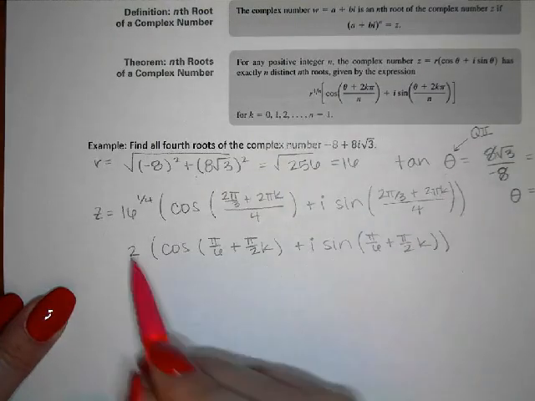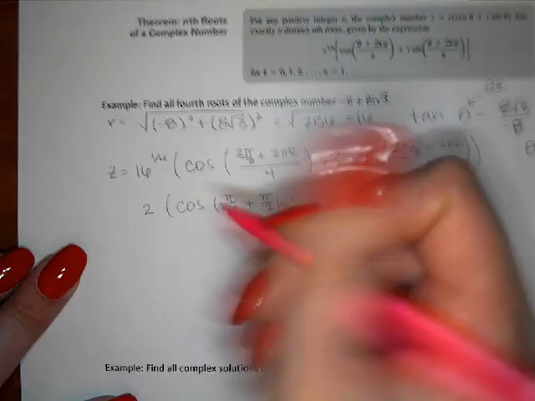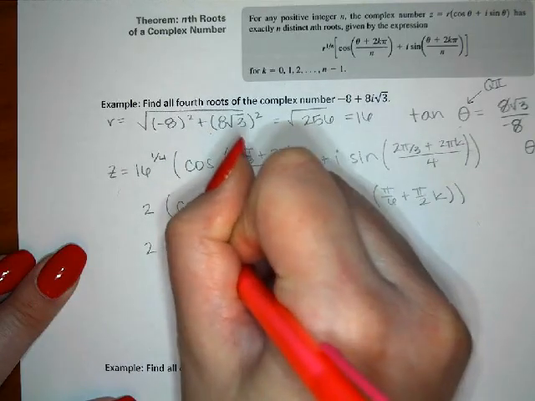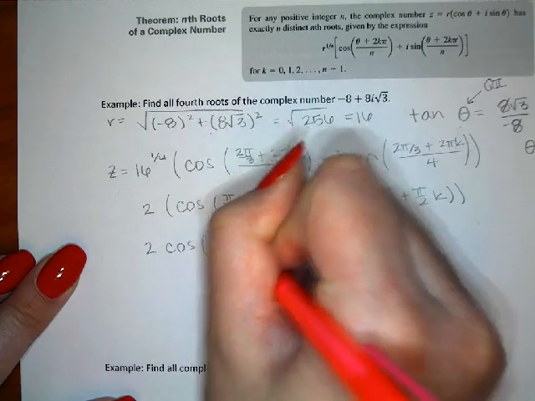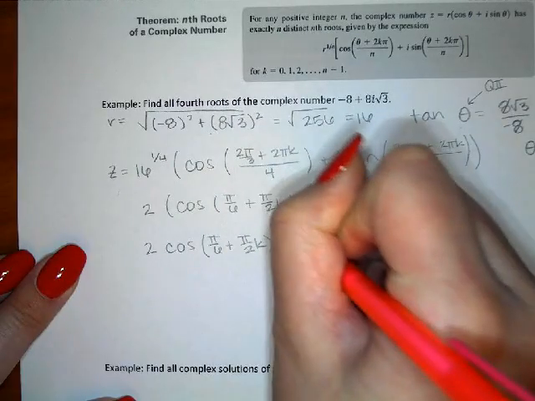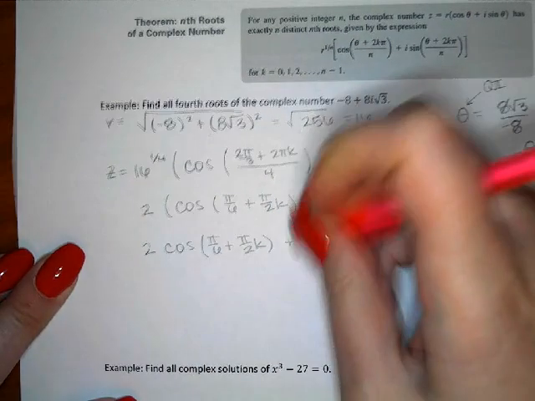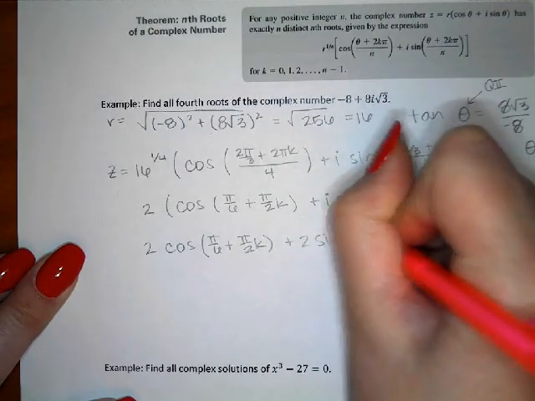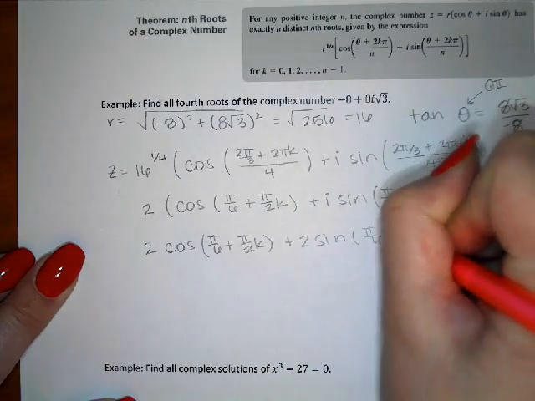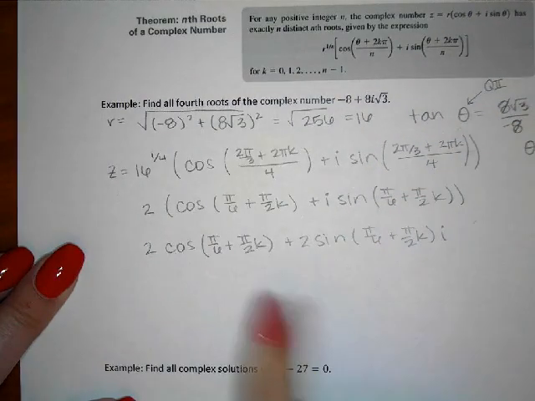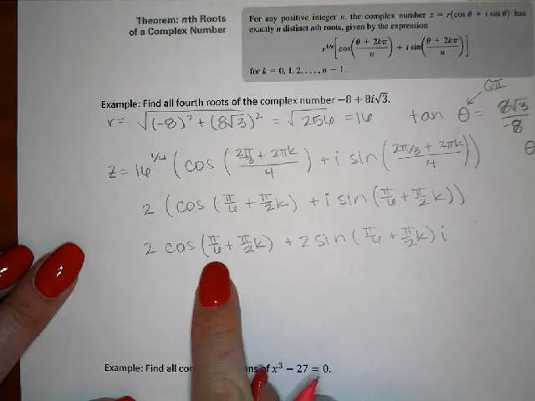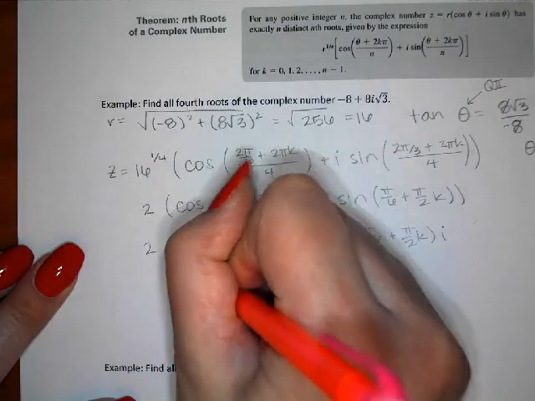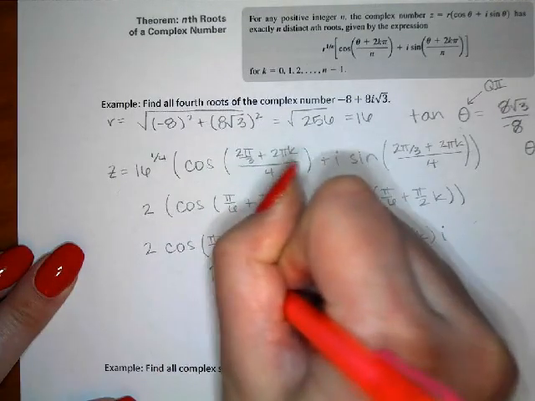So I'm going to have 2 cos(pi/6 + pi/2 k) plus i 2 sine(pi/6 + pi/2 k), put i on the end, and I'm going to think about the numbers that are going to go in here for my angle. They are going to be pi over 6 for the first one. So theta is going to equal pi over 6. And then I'm just going to keep adding pi halves.